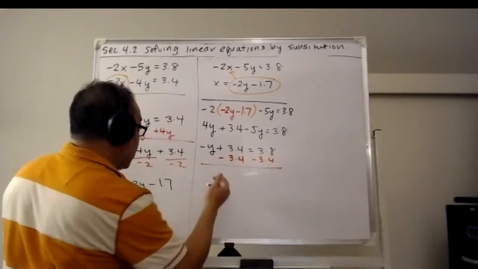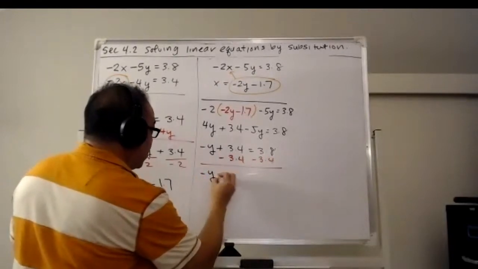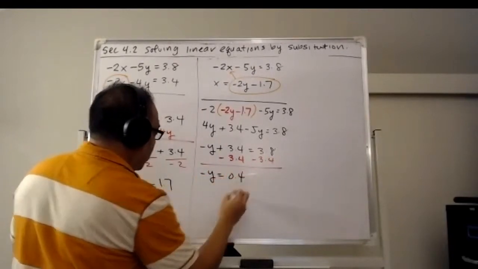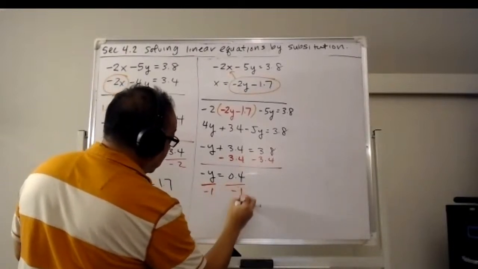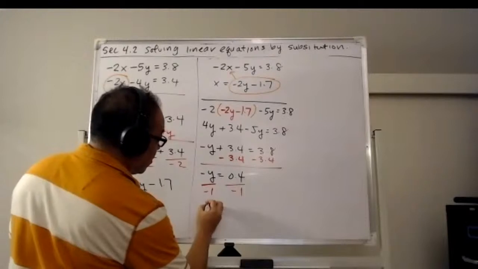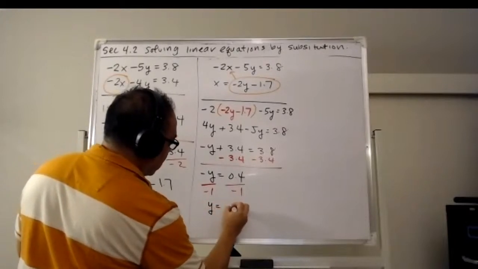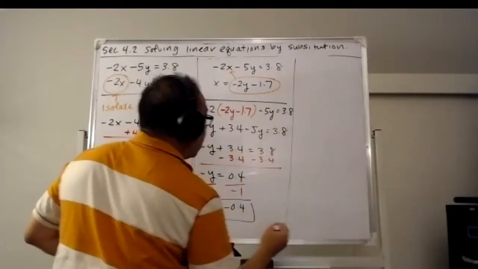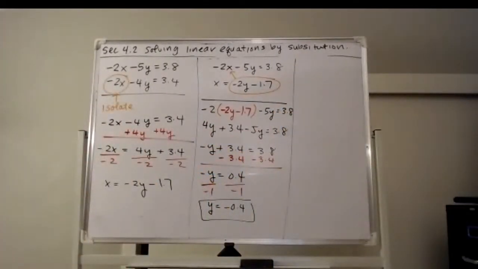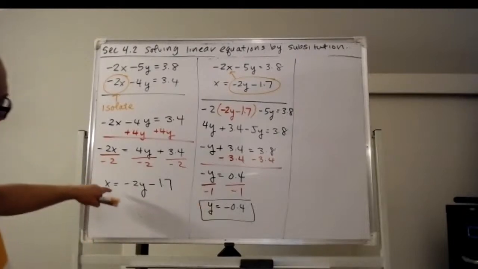You get minus y is equal to 0.4, and then divide both of these by minus 1. Okay, and then I would probably just plug this back into what you substituted.